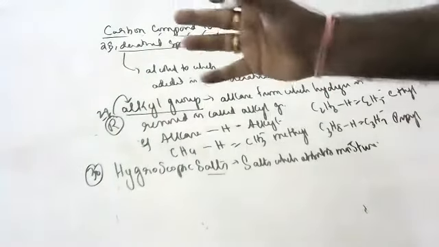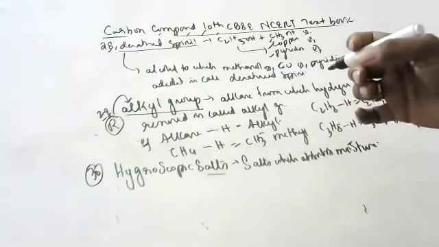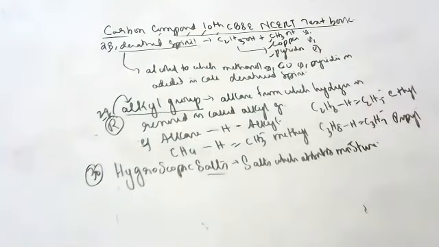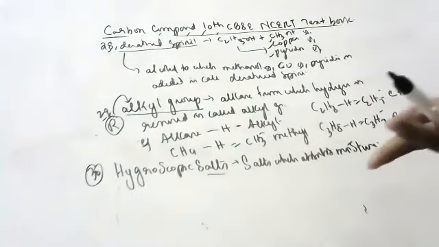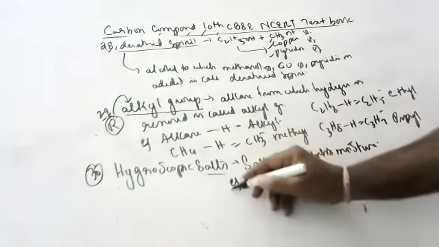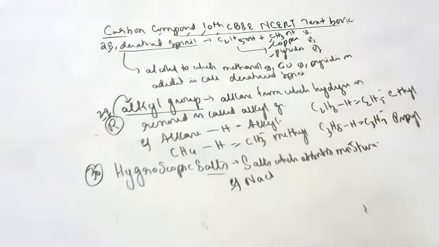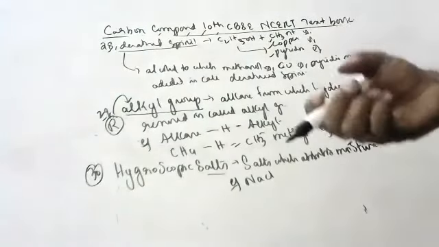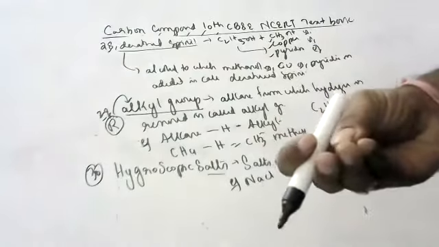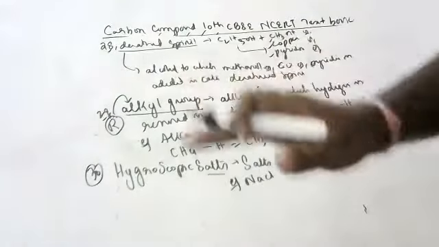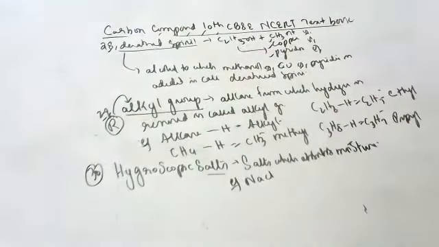A simple example is common salt. If you keep it outside without covering, it will become wet because it absorbs moisture. They are called hygroscopic salts.